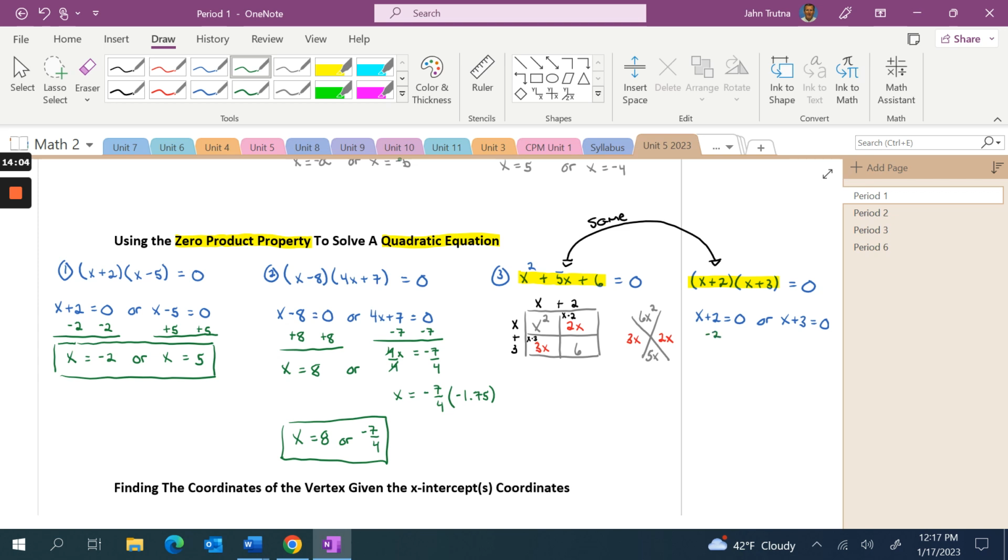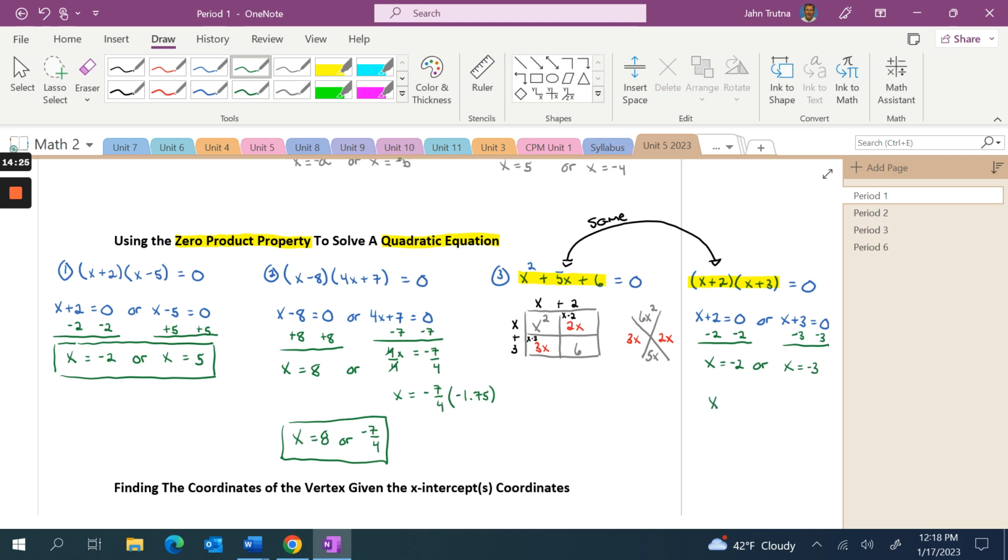Solving the first equation, I would subtract 2 from both sides. That gives me x is equal to negative 2. Or solving my other equation by subtracting 3 from both sides, that would give me x is equal to negative 3. So that brings up the point, what is my answer?